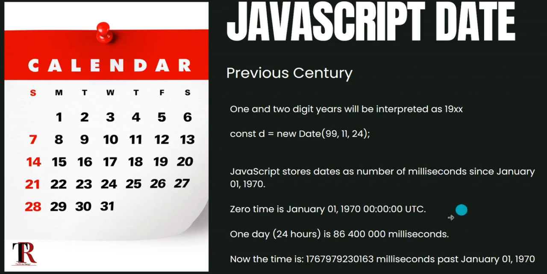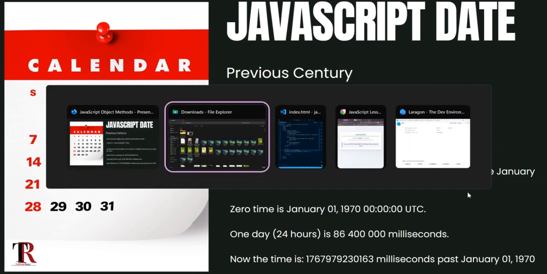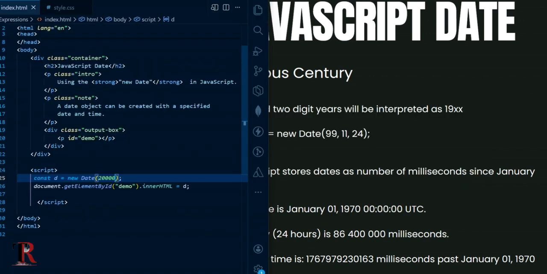So now you can see what this interprets to in milliseconds past January 1, 1970. In order not to confuse us with this theory, let's quickly take a look at an example of what this looks like in JavaScript.